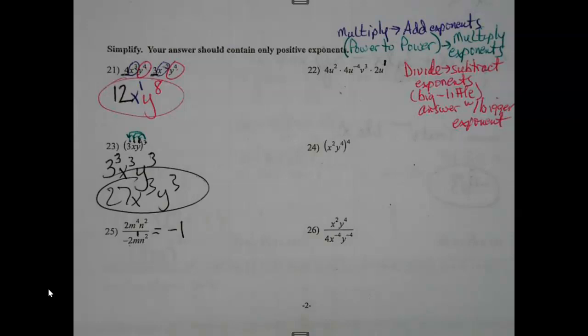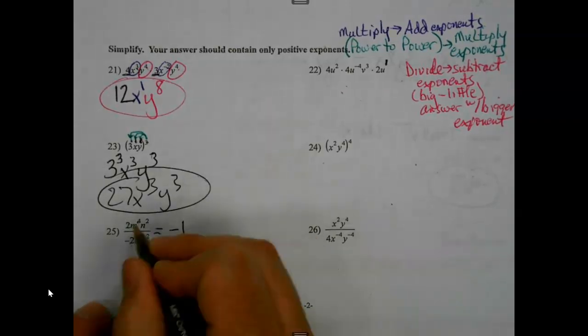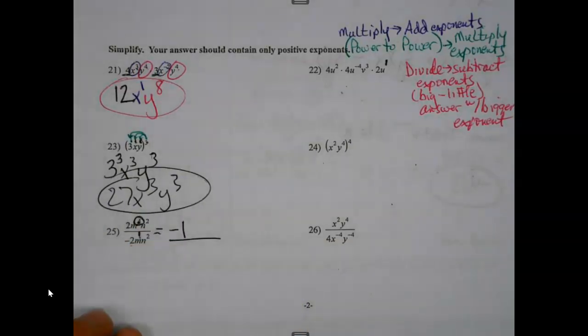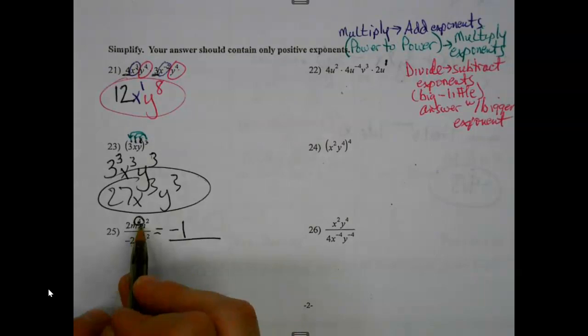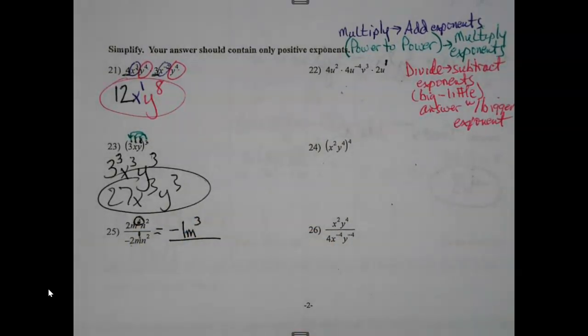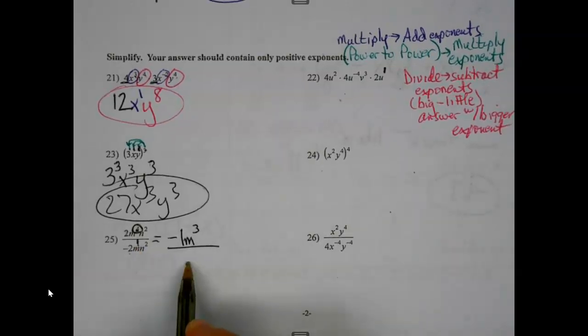Subtract the exponents. Okay, 4 minus 1 is 3. The bigger exponent is on top, so my answer goes where the bigger exponent is, which would be on top of my fraction. If that 4 would have been down here, I'd have put the m to the third down at the bottom, in the denominator.